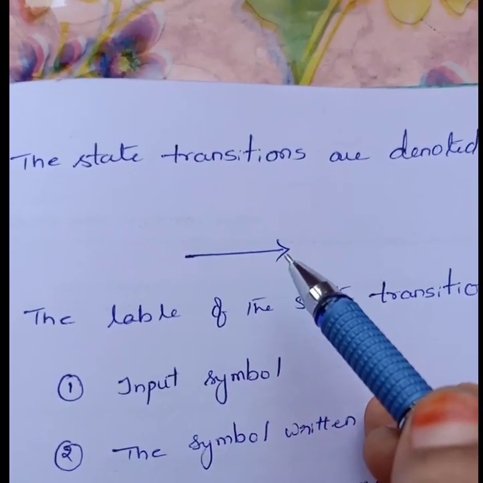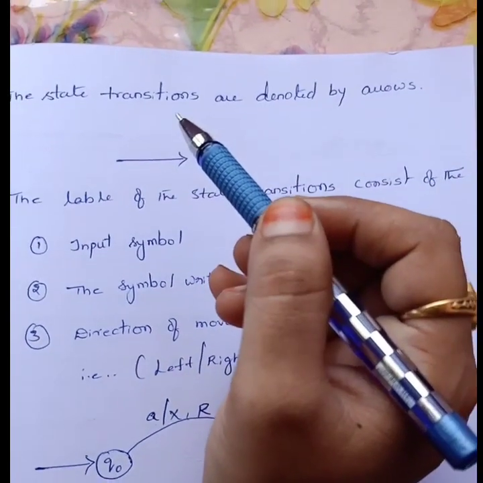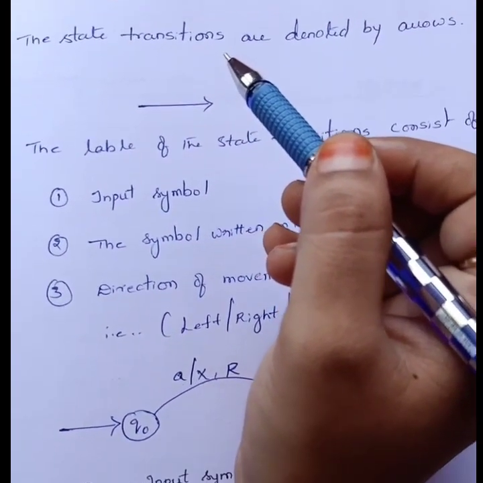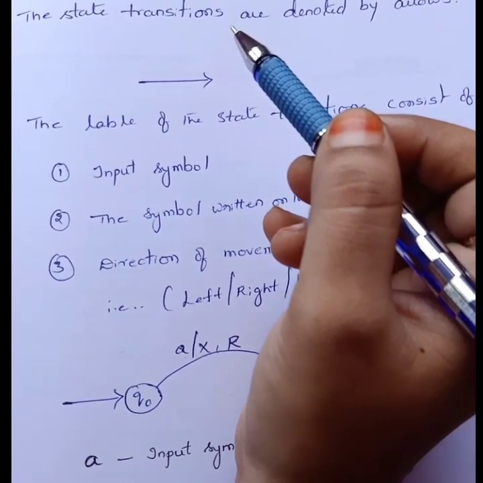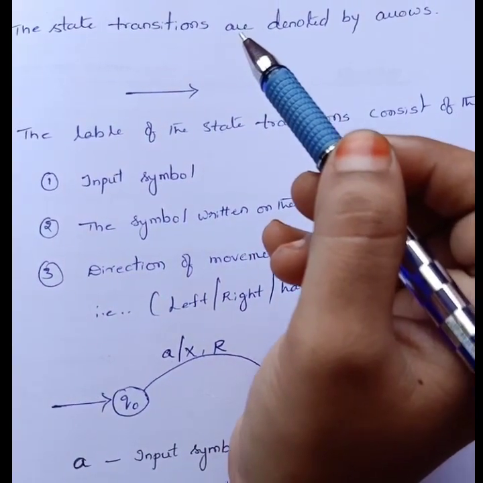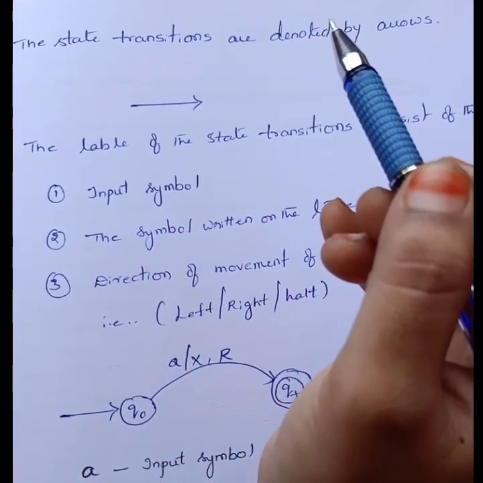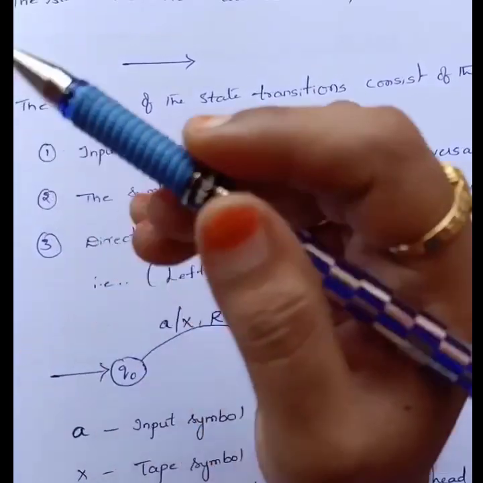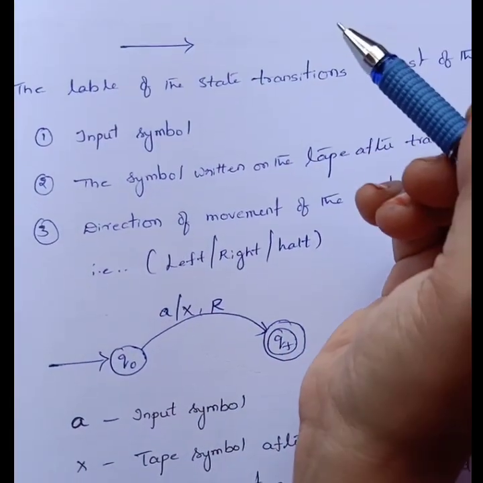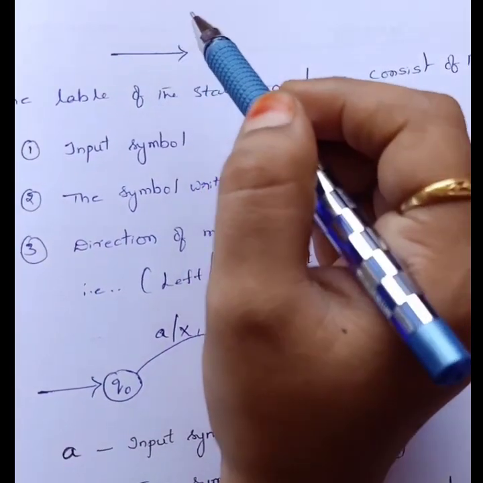The label of a state transition consists of an input symbol, a rewritten symbol, and the direction of movement on the tape, either left or right or halt. So the read head moves either to the left or to the right.